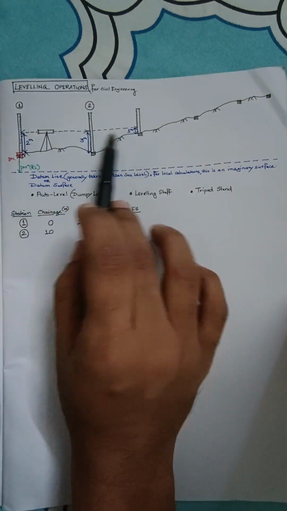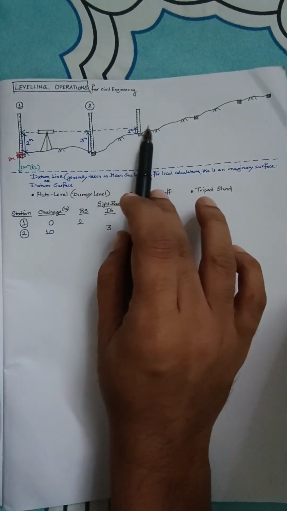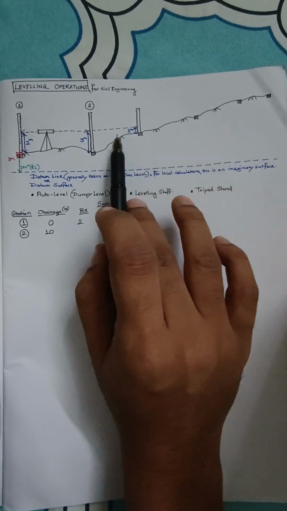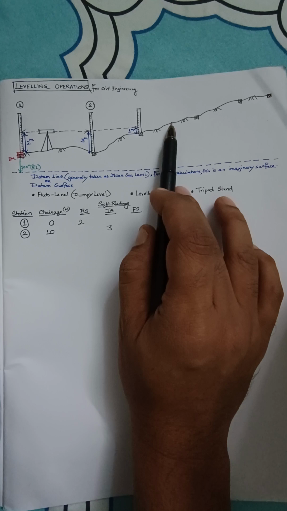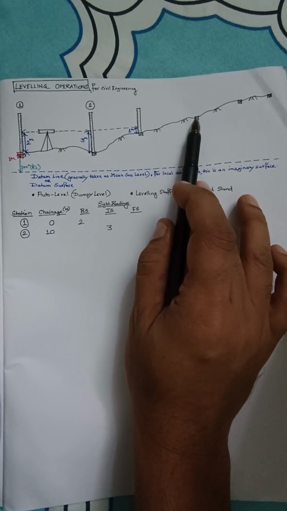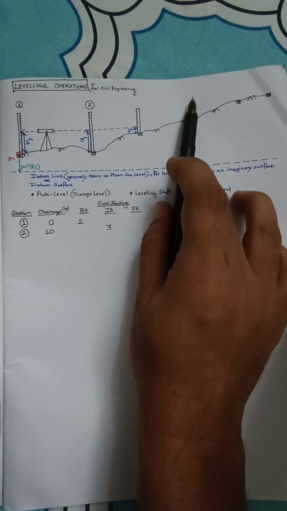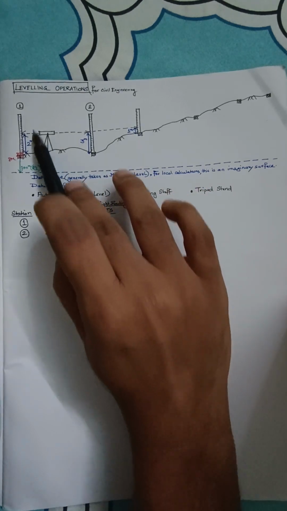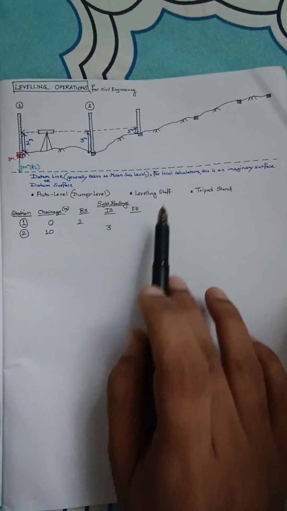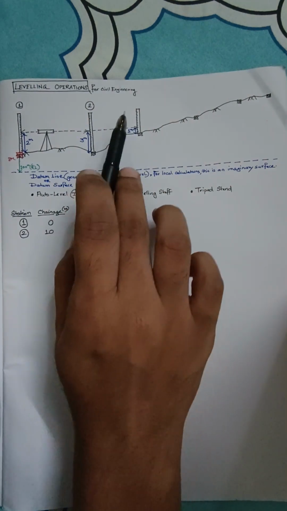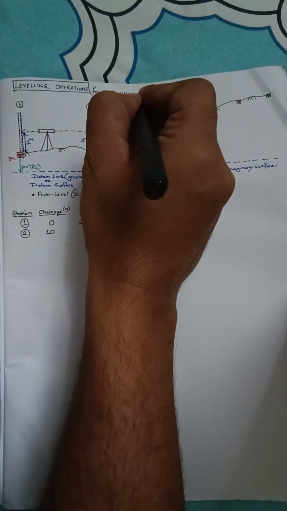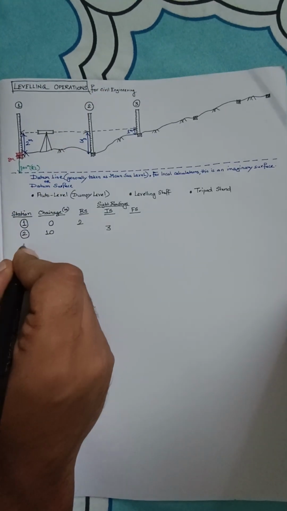And as you can see, you cannot see anything beyond this setup. Yes, you can see it obviously, but it ends somewhere over here. If you want to see the next station staff reading, obviously you have to shift this instrument to somewhere over here, right? Only then you will be able to see them. So this becomes the last set of reading in this entire setup. So we are currently in station number 3. There you go.